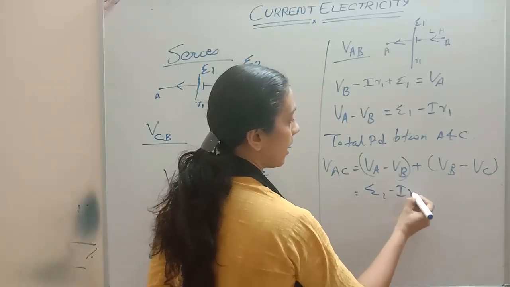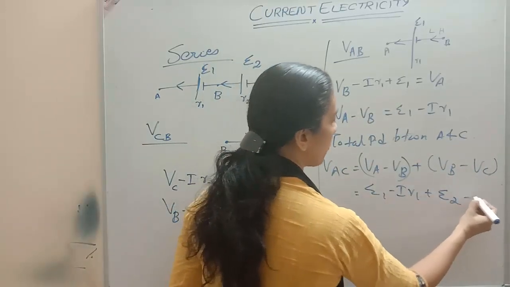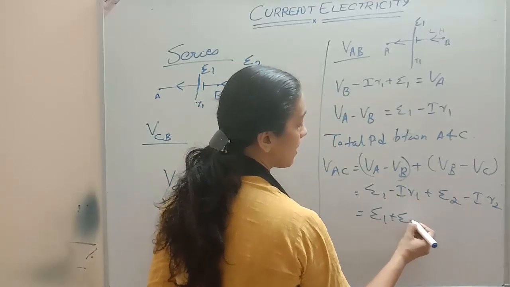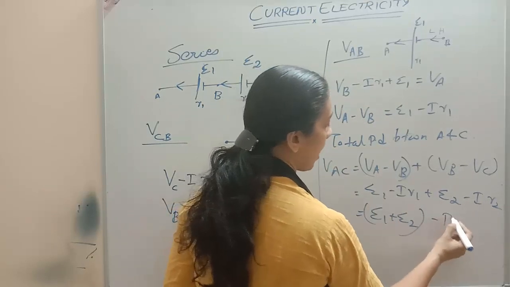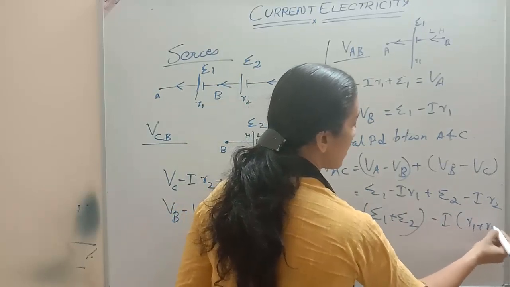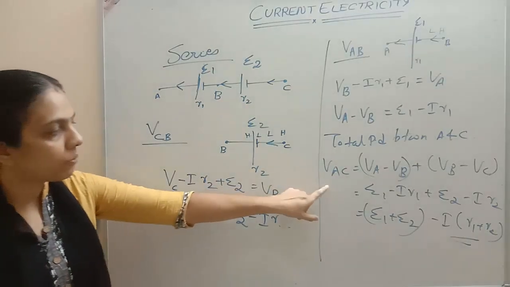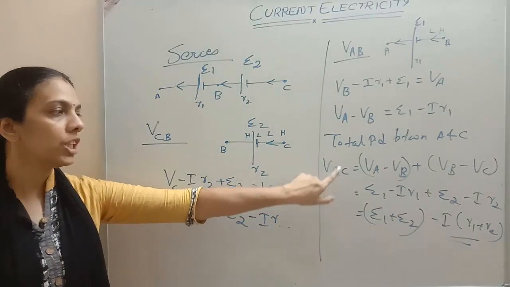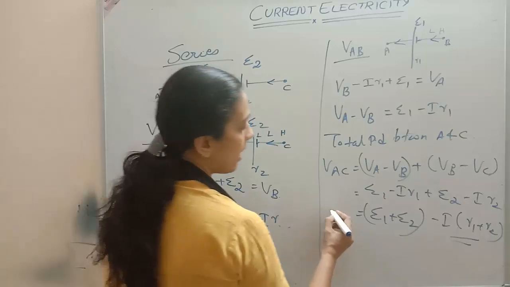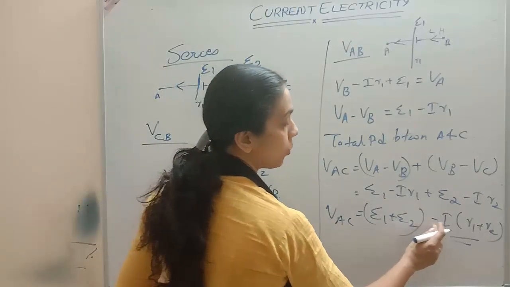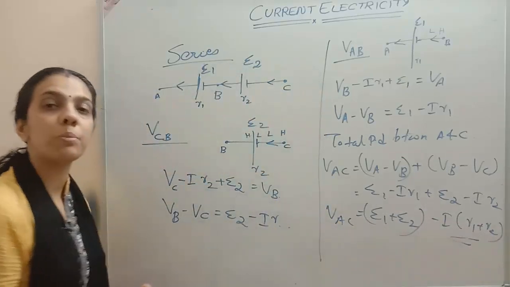E1 minus IR1 plus E2 minus IR2. That is equal to E1 plus E2 minus I into R1 plus R2. So the final result, the potential difference across AC, that is VA minus VC, will be equal to E1 plus E2 minus I into R1 plus R2.